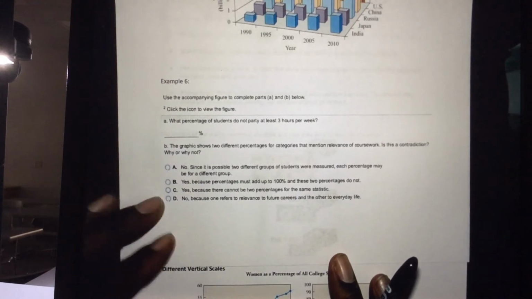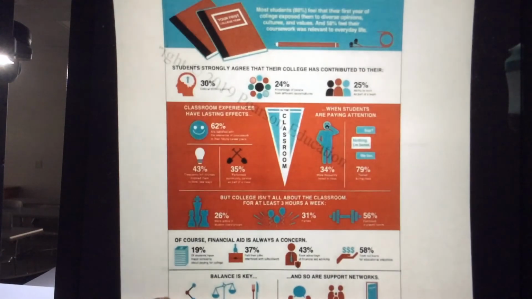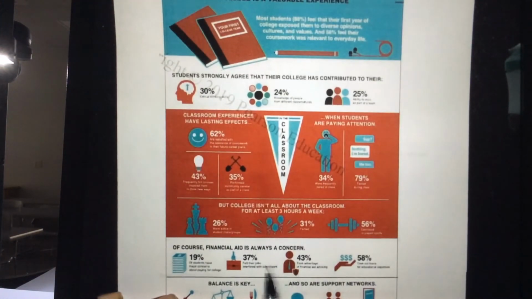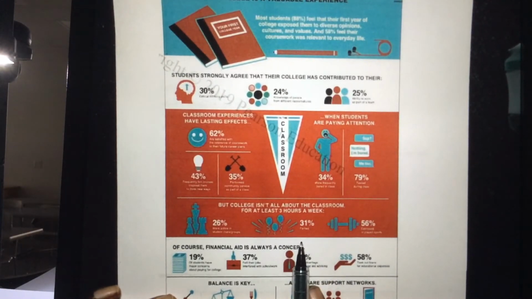In this case here, what percentage of students do not party at least 3 hours per week? Now, in this particular graphic right here, if you look down here, it does say, but college isn't all about the classroom for at least 3 hours a week. And it says here 31% partied. We want to find out the percentage of those who do not party at least 3 hours a week.